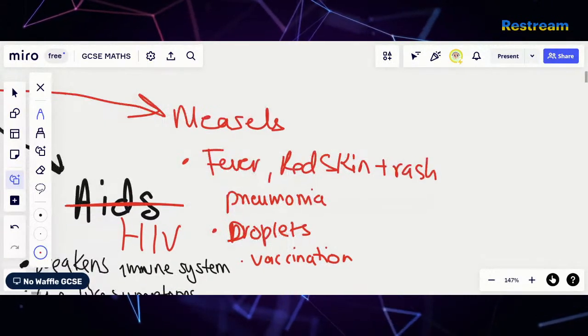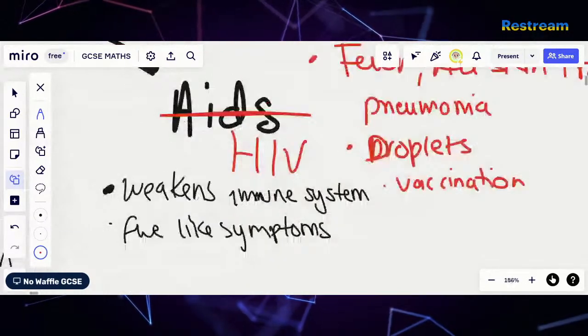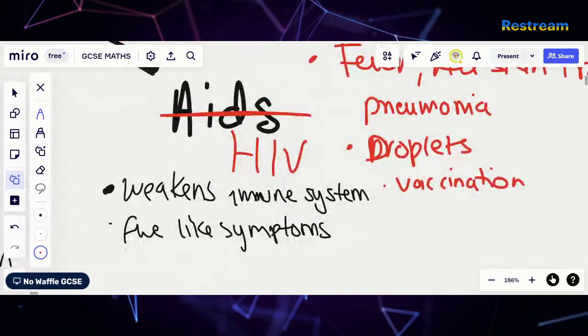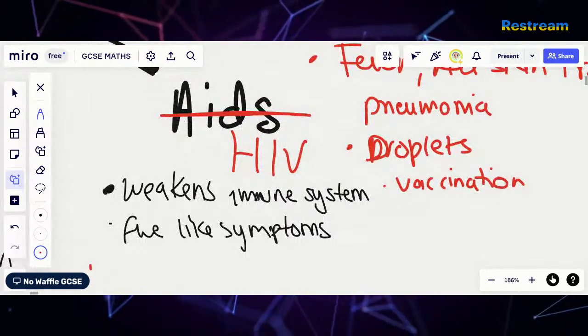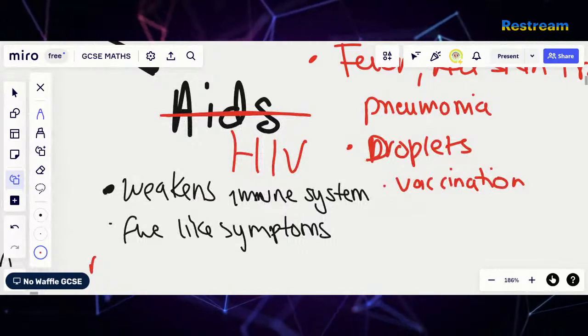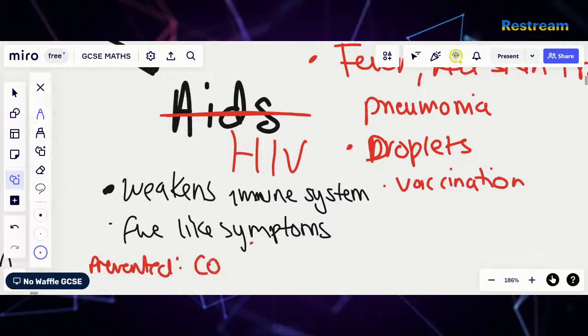Then there's HIV, which has flu-like symptoms, so that's correct, and attacks the immune system and can lead to AIDS. And it's prevented by using, for example, barrier methods of contraception, such as the condom.